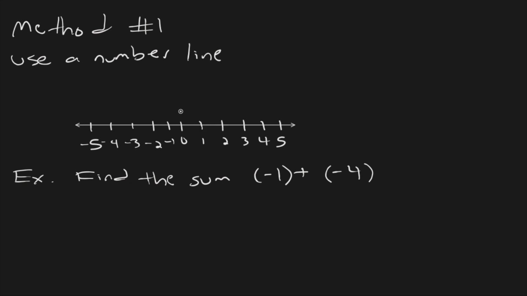So we start at 0 here and we move 1 unit to the left, which puts us at negative 1. Because negative 4 is a negative number, move 4 units to the left starting at negative 1. 1, 2, 3, 4. We end up at negative 5. The sum of negative 1 and negative 4 is negative 5.